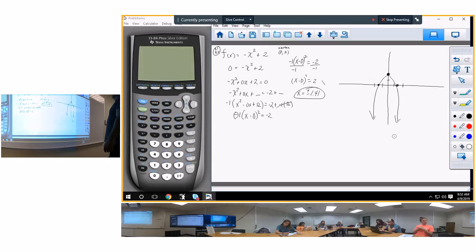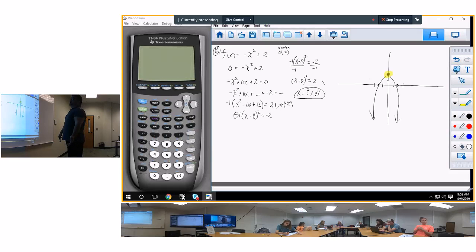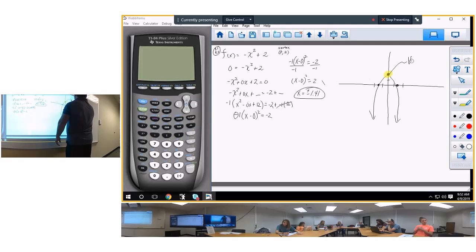Now, this point right here, what is that called? Well, it's called several things. It's called the vertex, and it's also called, in this case, the y-intercept. But we're going to focus on the vertex. What is always true about the vertex?